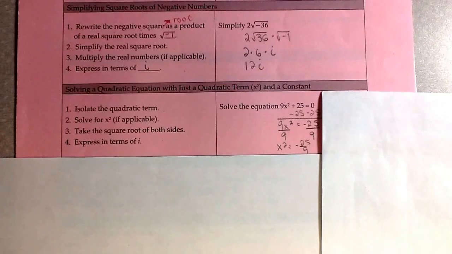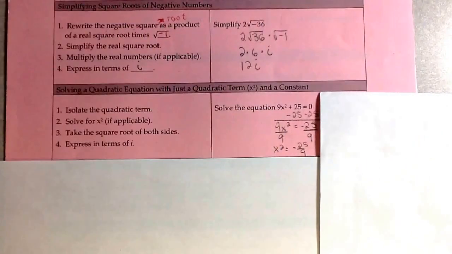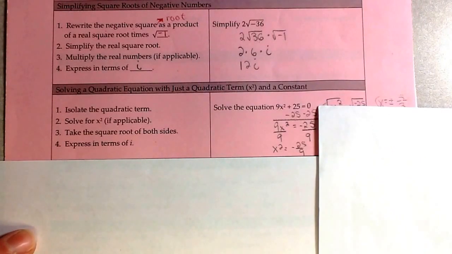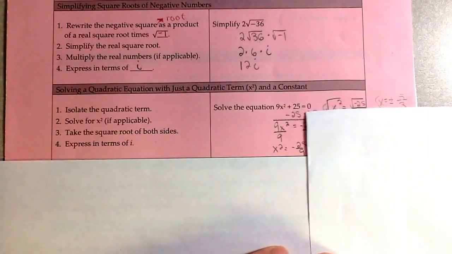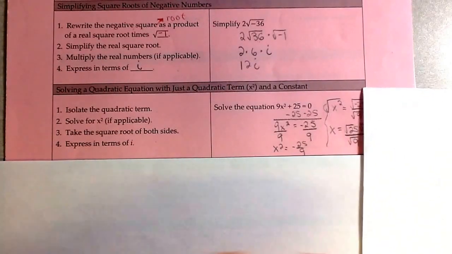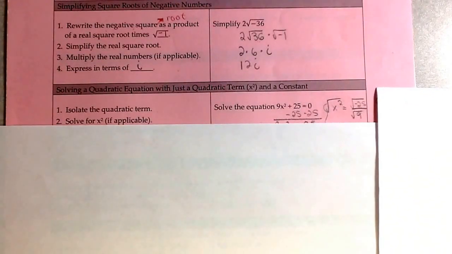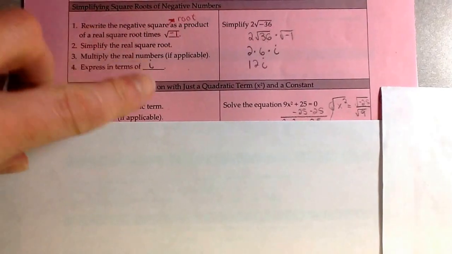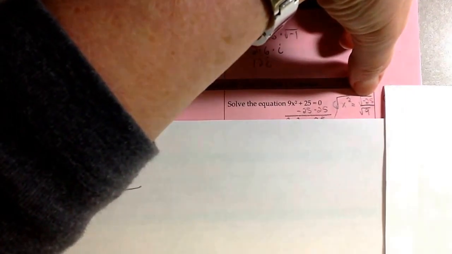So here, once we divide by 9, we get x squared equals -25 over 9. And when we take the square root of both sides, we can take the square root of the numerator and the square root of the denominator, and we have a negative number underneath the square root in the numerator.